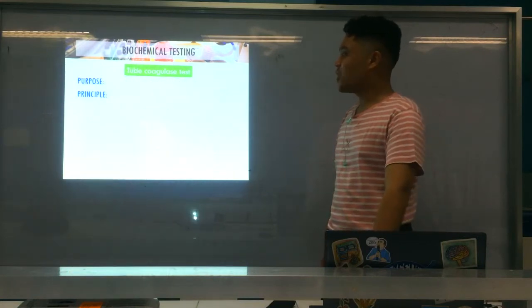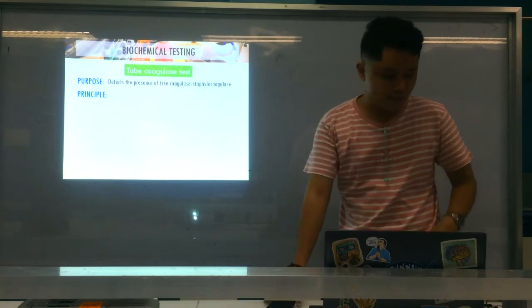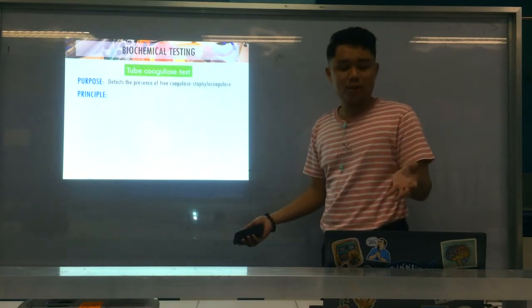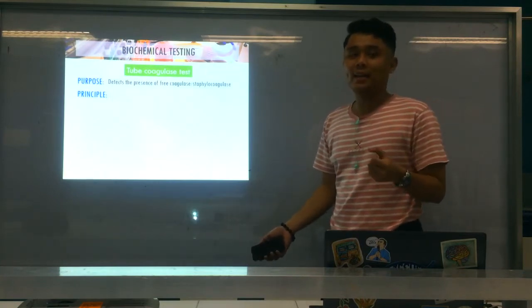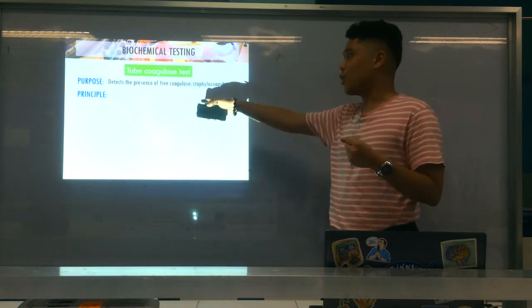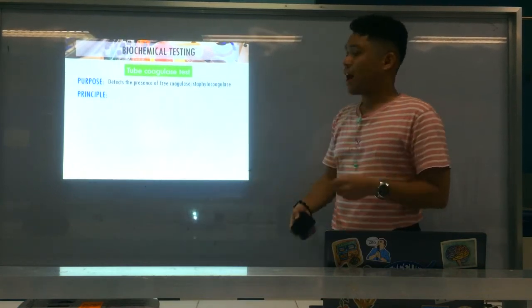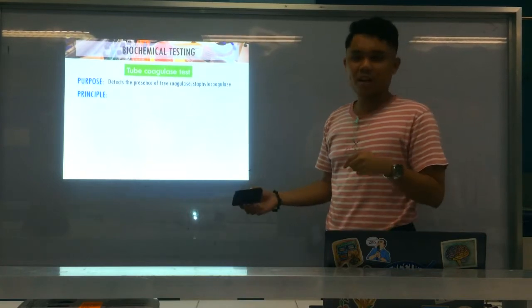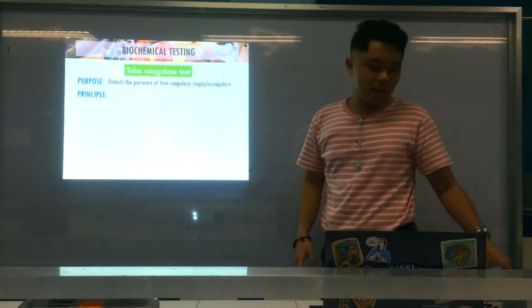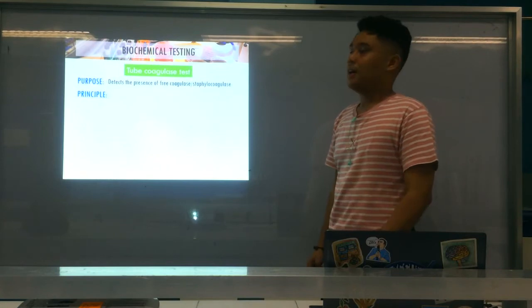Alright, okay. Next, you have your tube coagulase. By the name itself, it's still a coagulase test. We perform in a tube. But this time, atong gina-detect na enzyme is your free coagulase or your staphylocoagulase. Now, as you can see, medyo specific na siya. It's really Staphylococcus, right? And mas sensitive po siya na test.